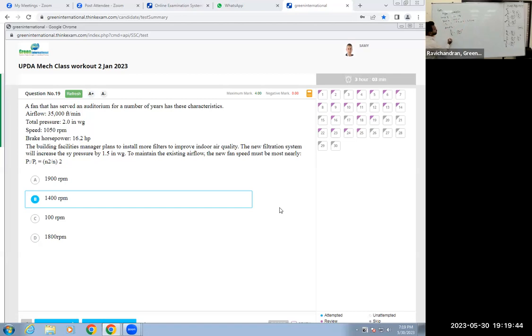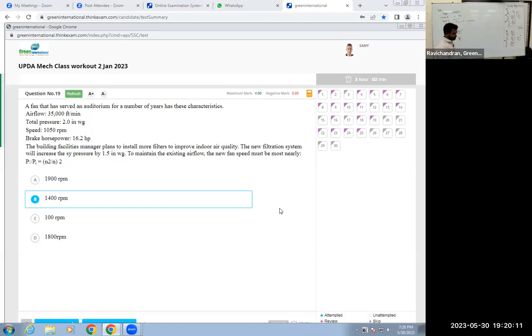So pressure P1 is 2. Oh, that's power. Don't get confused in that. 3.5 is equal to N1 square by N2 square.